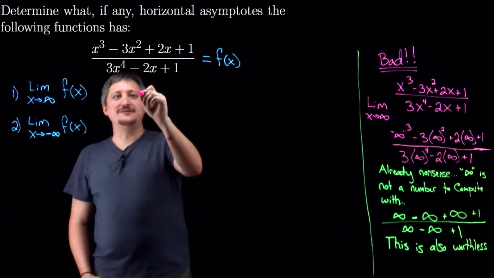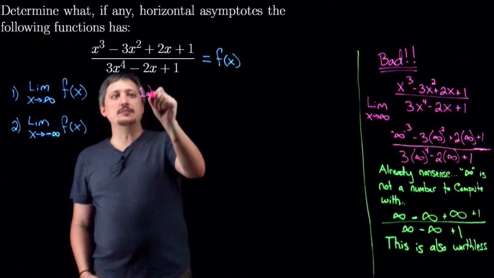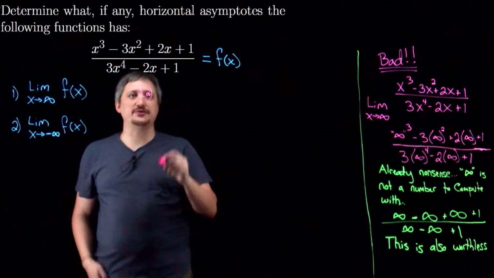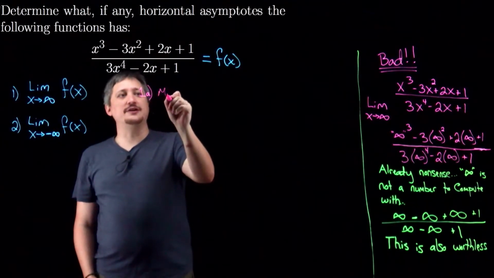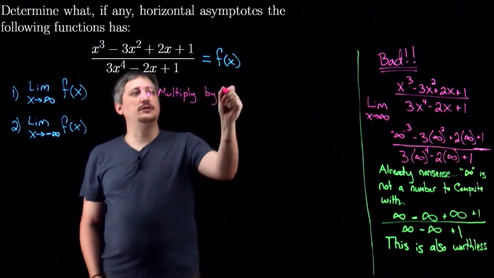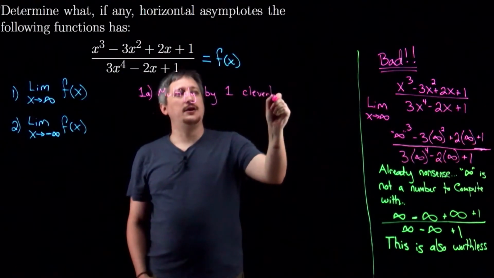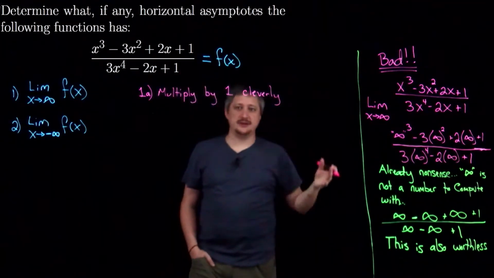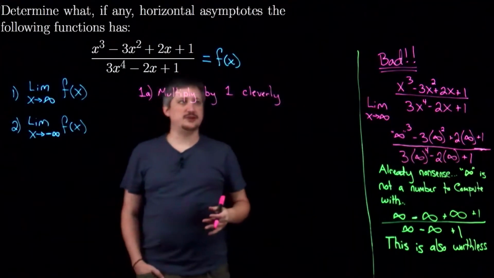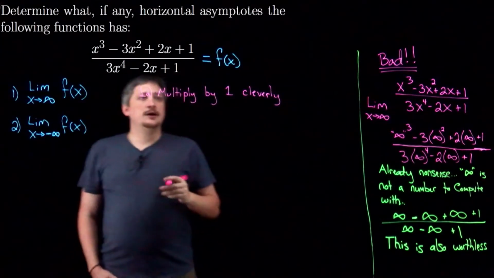So the first step, maybe 1a, but again, it's going to be the same as the steps for 2, is multiply by 1 cleverly. This was talked about in some of the other concept videos, assuming you've seen those.